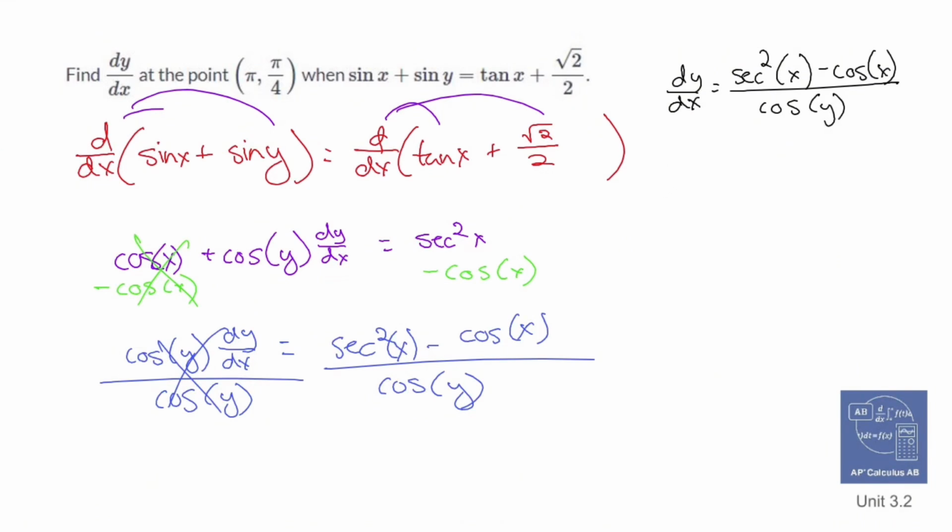Let's plug in our point. So dy/dx at that point is going to be secant squared pi minus cos pi over cos y, which is pi over 4.